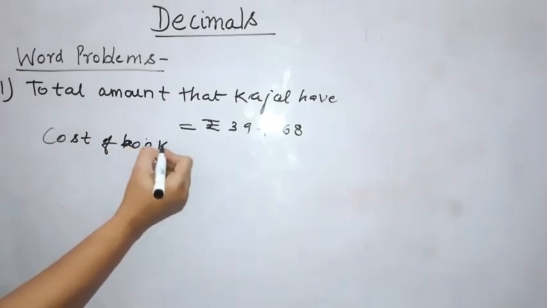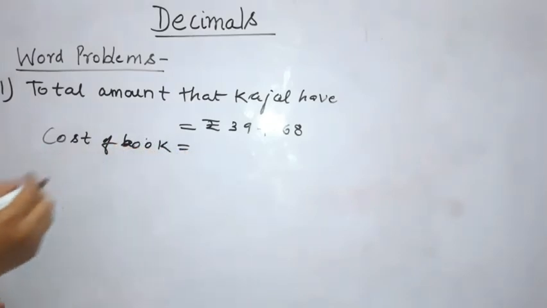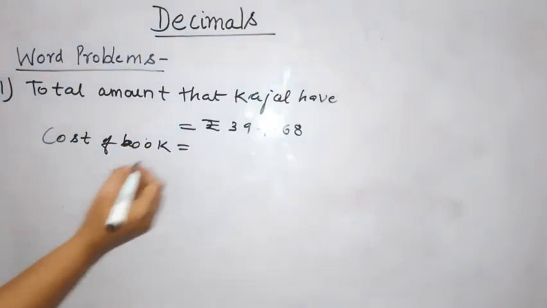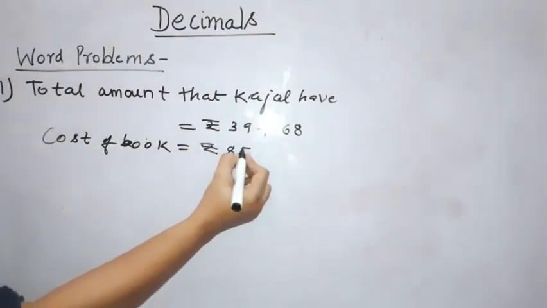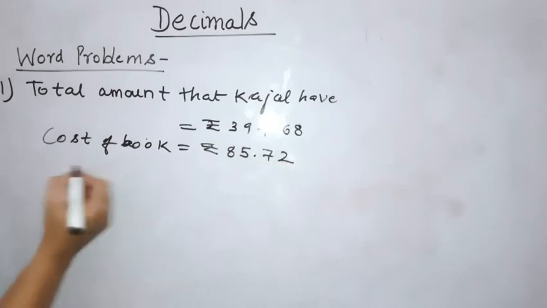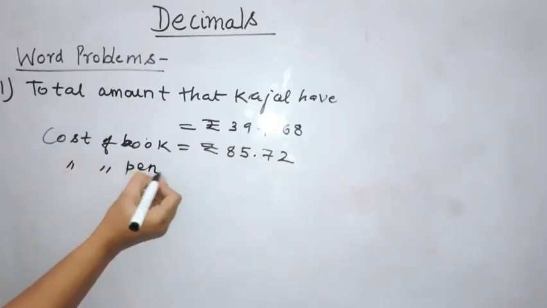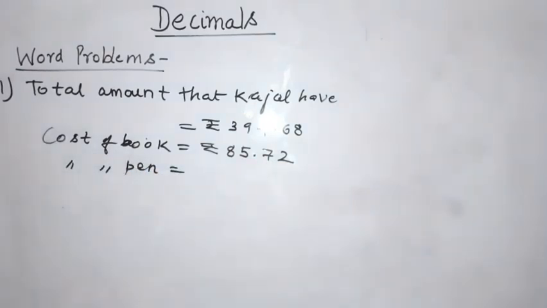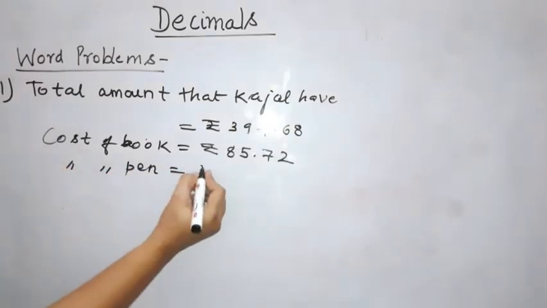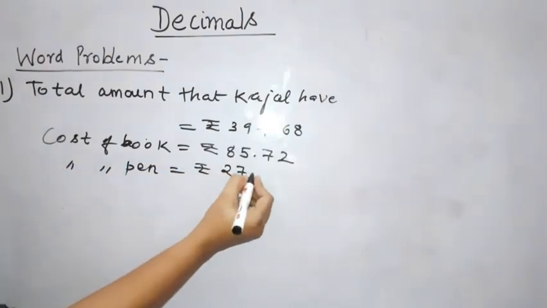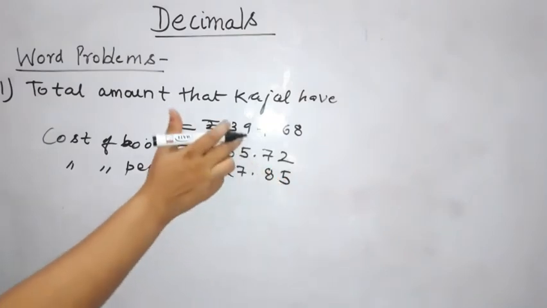What is the cost of book, students? The cost of book is rupees 85.72. And what is the cost of pen? The cost of pen is rupees 27.85.